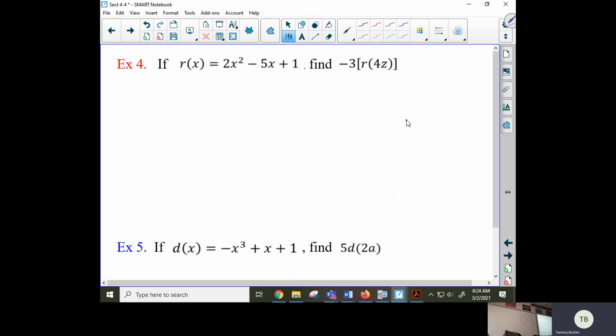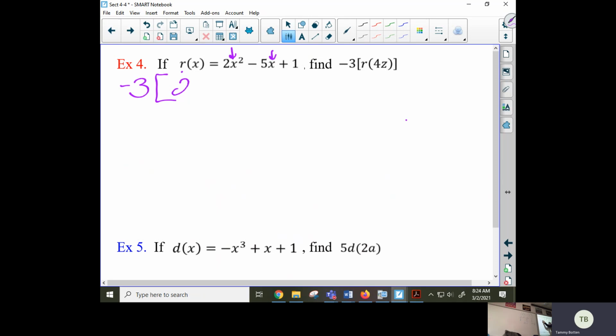So here's what they want us to do now. You kind of look inside of brackets first, and they want us to take this and put 4z everywhere we see an x. And then they want us to multiply the whole thing by a negative 3. So what I do is keep that negative 3 out and put it in a bracket, and that just tells me all along I have to eventually multiply by a negative 3.